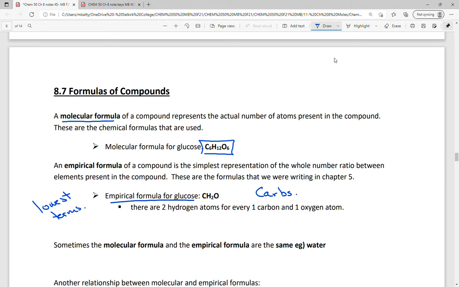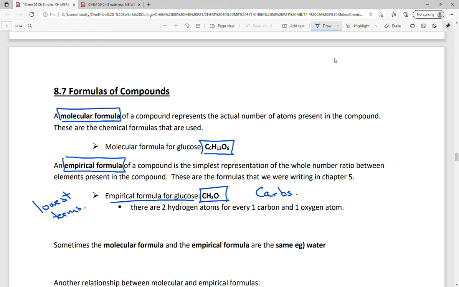It really boils it down into not how many atoms are there, but what is that fixed ratio. So you've got a difference between the molecular formula, which is the actual one of glucose, C6H12O6, and you can boil that down to the fixed ratio, or lowest terms, which is the empirical formula.